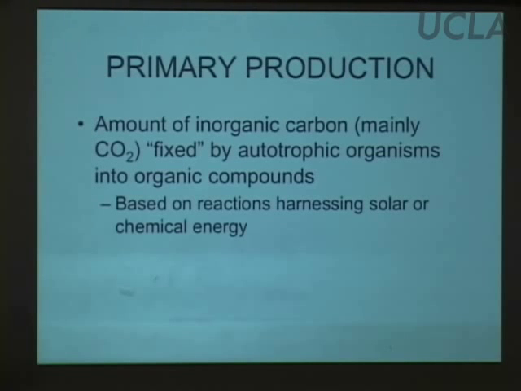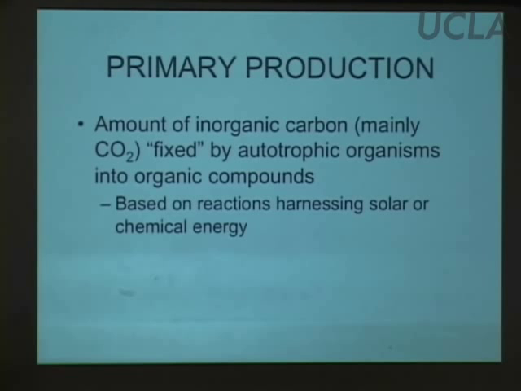Okay, so we can define a quantity, primary production, which is essentially that number I gave you a couple of slides ago. How much carbon is being converted from some inorganic form, carbon dioxide, into organic molecules like sugars? And we can define it per unit area, per unit time.